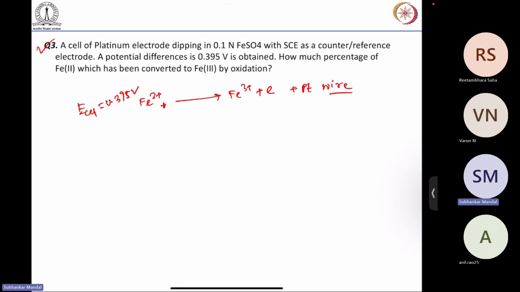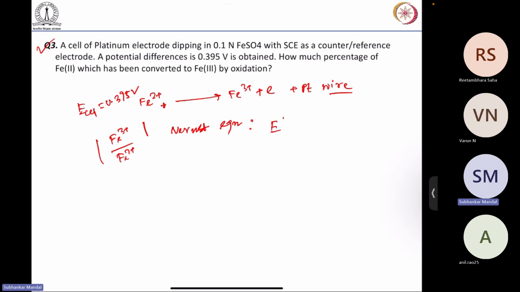It is asking how much percentage, basically Fe3 plus, because if you write Fe3 plus and Fe2 plus, they are asking the percentage of these things. So it is quite easy. In the similar way to what we have done earlier, we have to do. So this is a Nernst equation you can write.